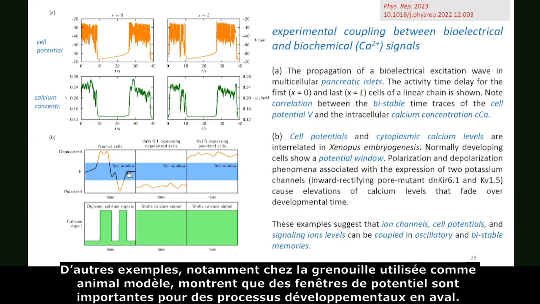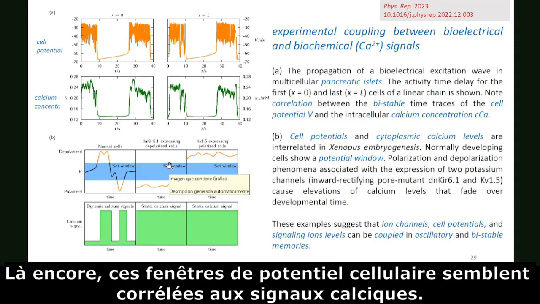Also, other examples concerning frogs, for instance, as model animals, show that potential windows are important for processes and for downstream developmental phenomena. And again, these cell potential windows seem to be correlated with calcium signals in this case.